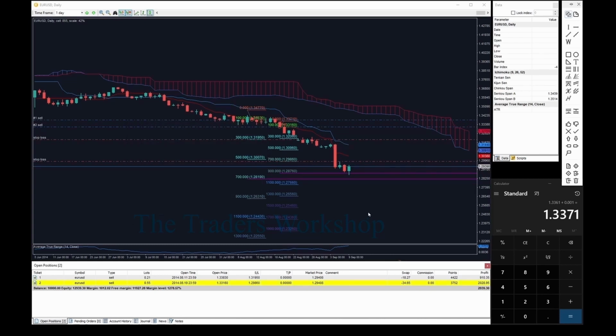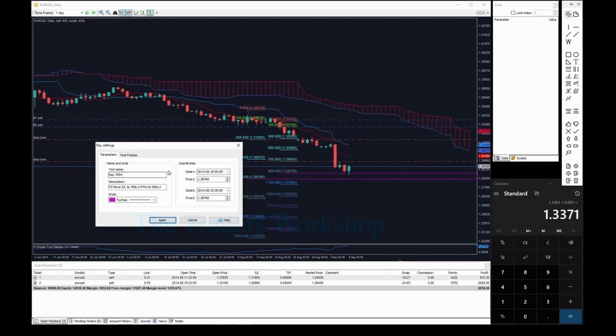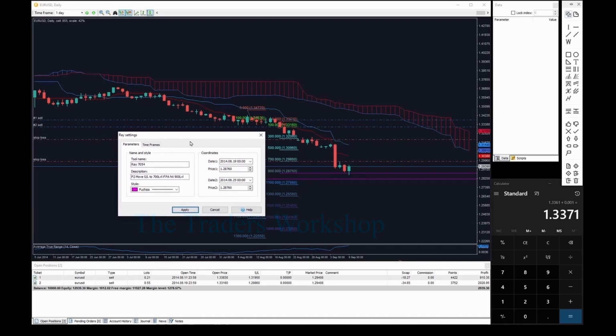Next on the process is building the new stops trailing scenario. Remember that we will follow the trend until the market stops us. If the market continues to move down and hits the level 1100, we will move the stop loss from level 700 down to level 900 at the exact price indicated by Fibonacci. Then, we need to edit the ray line and update to the new description and the next price level to follow.